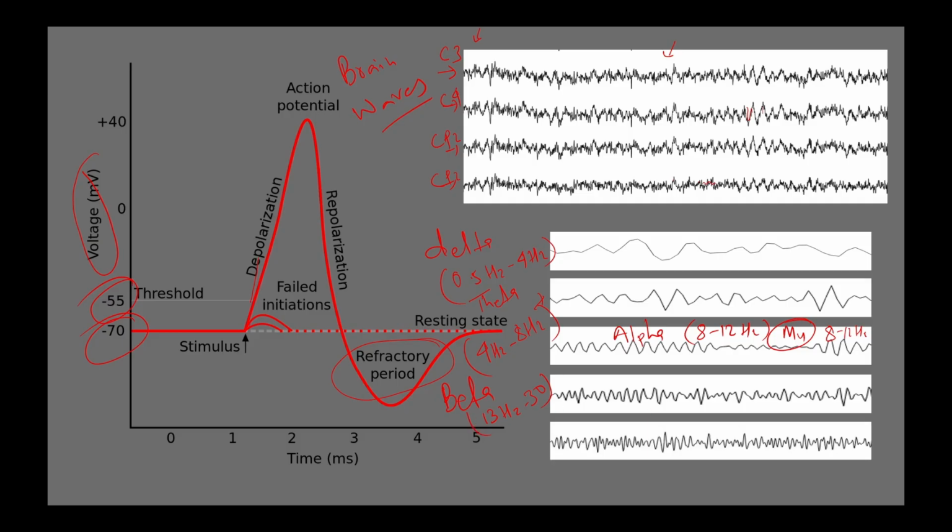And next comes gamma. Gamma is generally defined as 30 to 100 hertz. In the case of EEG, we define gamma as roughly 30 to 100 hertz. These bands change predictably according to the person's behavior or mental state.